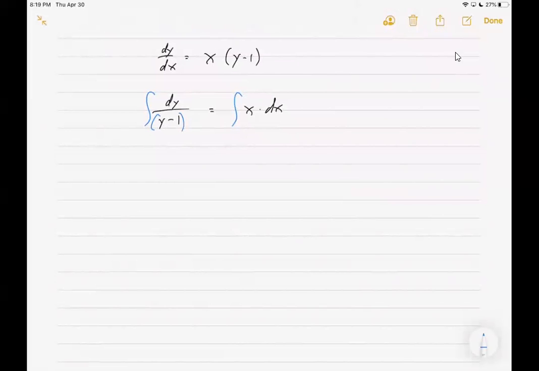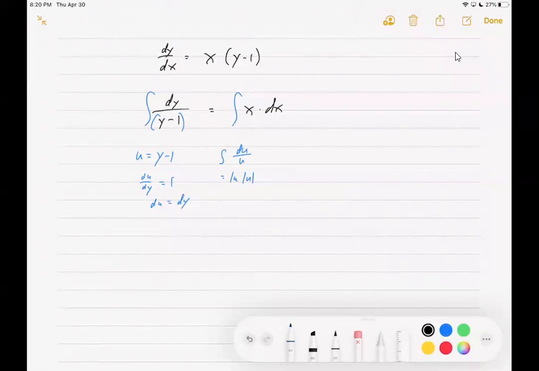All right, so this is technically a u substitution where u equals y minus 1. So du dy is 1, so du equals dy. When I do all of that, the integral on the left-hand side becomes the integral of du over u. And so the answer would be ln of absolute value of u, which would be y minus 1.